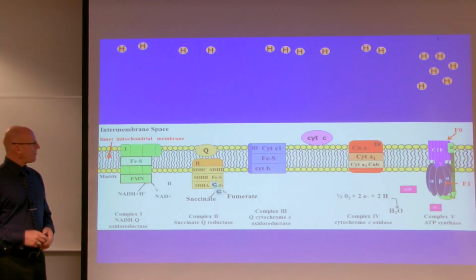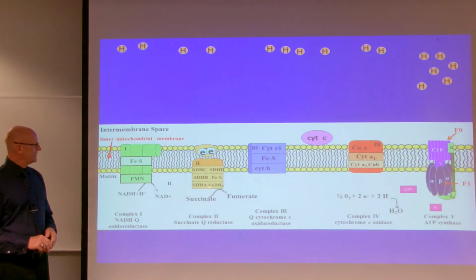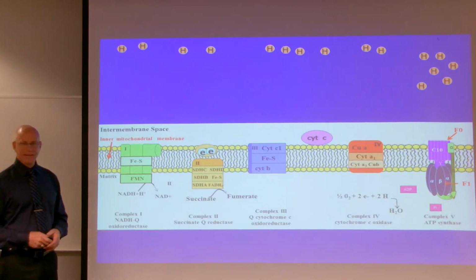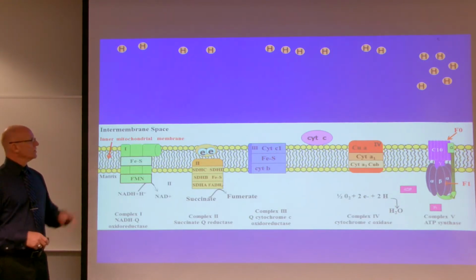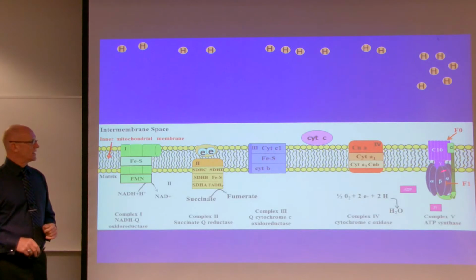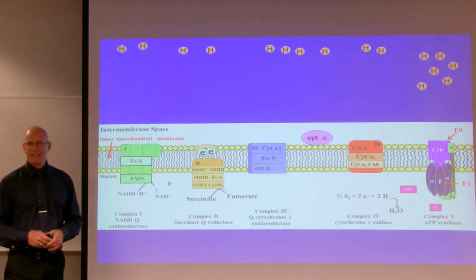So here we go with the 2 electrons transported to the ubiquinone, and this is the reduced form of the flavin adenine dinucleotide. So let's focus our attention now on the ATP synthase.